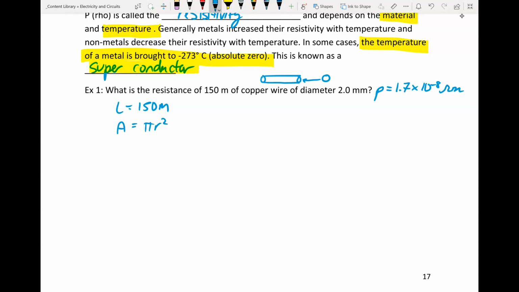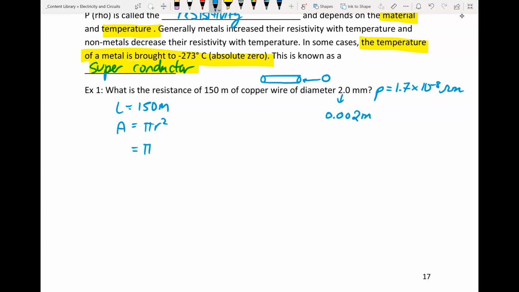We've been given the diameter, and we need to plug in the radius. So we're going to need to first convert the diameter into meters, which is 0.002.